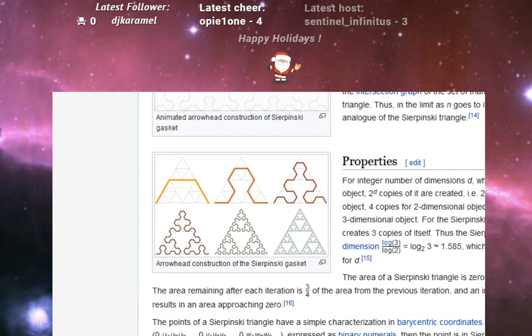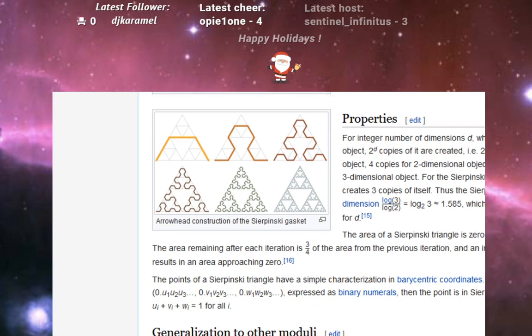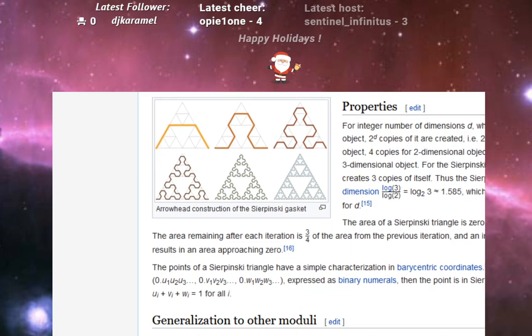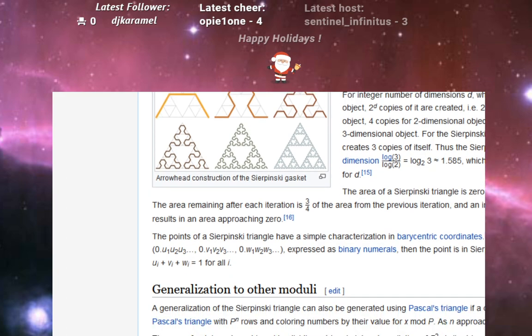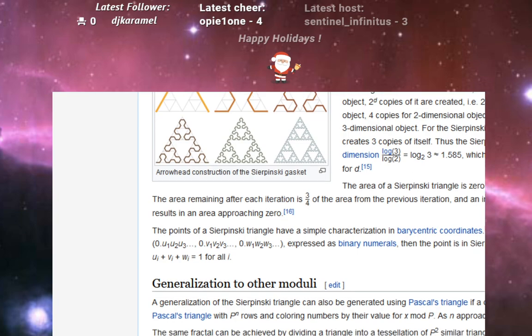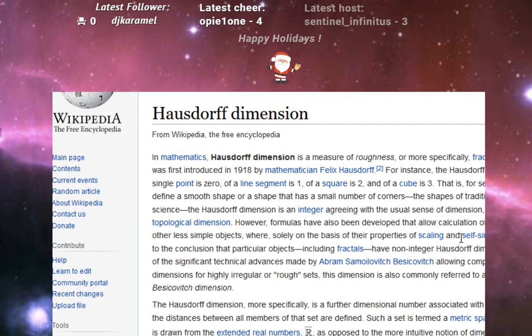A level 5 approximation to a Sierpinski triangle obtained by shading the first 2 to the 5th, 32 levels of a Pascal's triangle, if the binomial coefficient is even, or black otherwise. Hausdorff dimension, as a measure of roughness, or more specifically, fractal dimension.